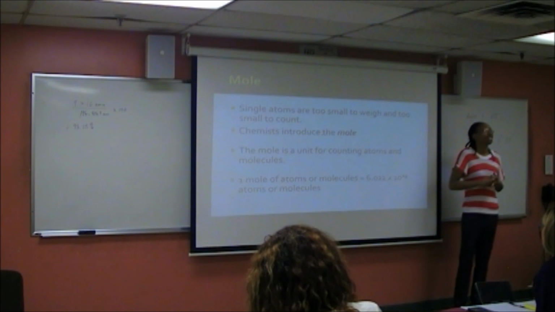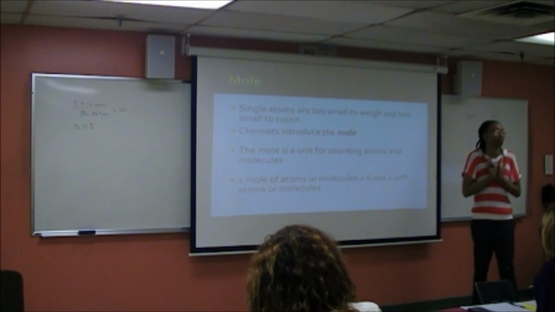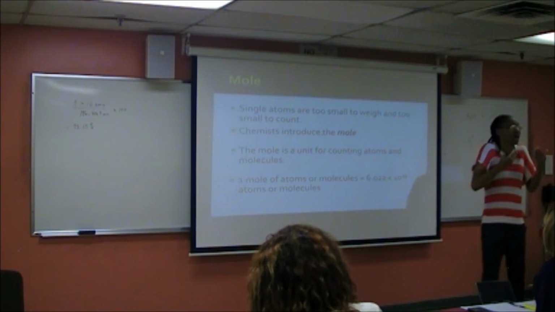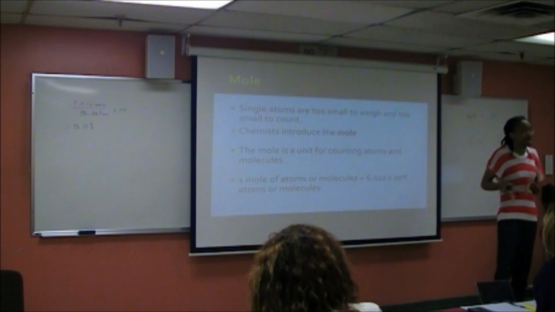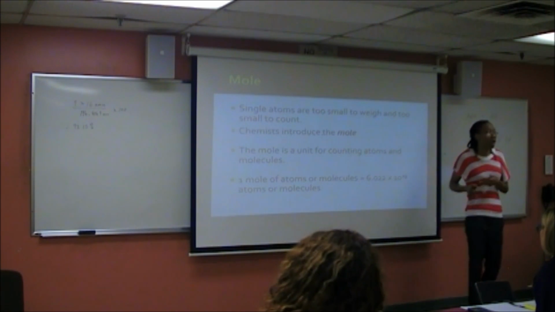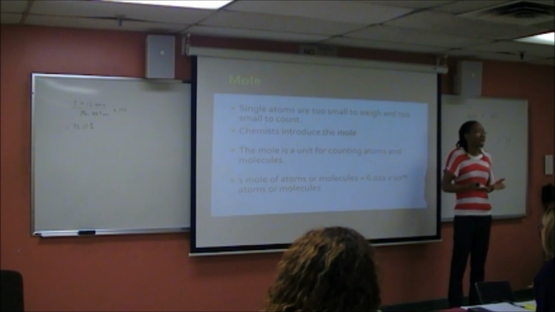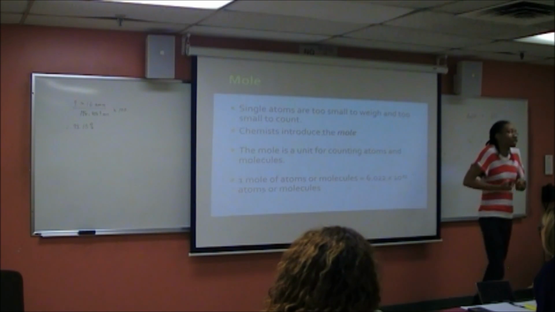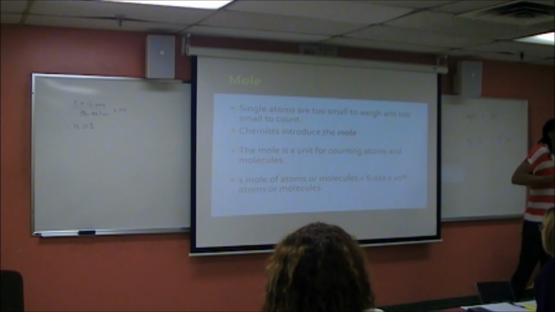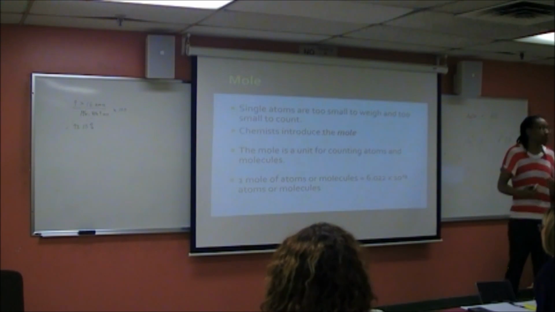The same way, if I ask you how much is in a dozen, you would tell me 12. If I ask you how many atoms or molecules are in a mole, what would you tell me?